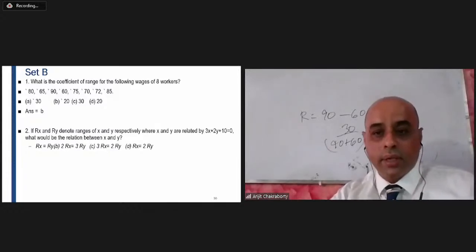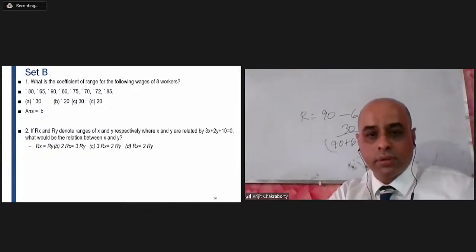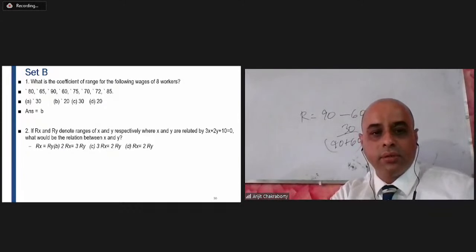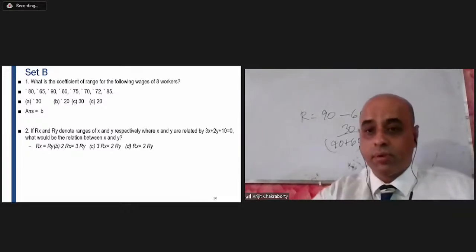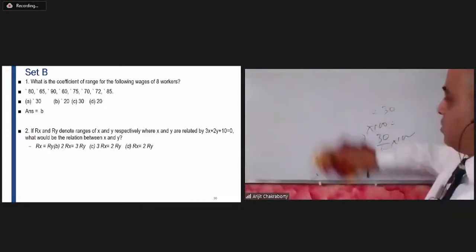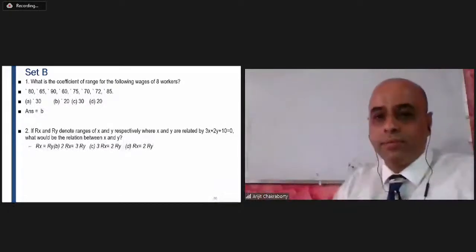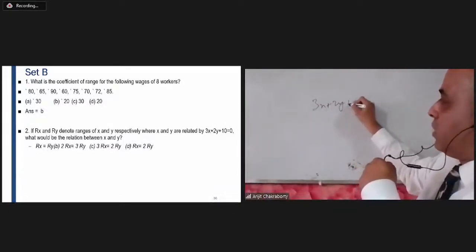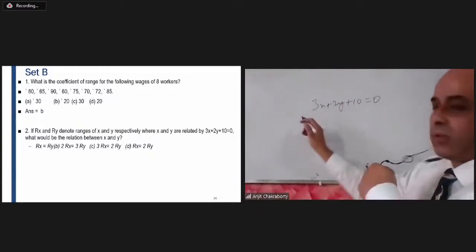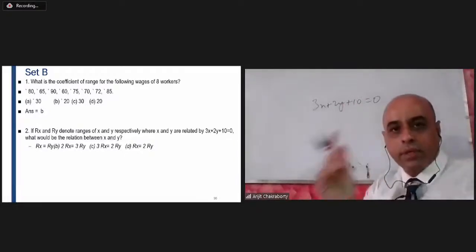Next one, again that same type of problem. This is important. If Rx and Ry denote the ranges of X and Y, and the formula is given, what will be the relation between X and Y? This is an important question. I'm solving it. It is given 3x plus 2y plus 10 equal to 0. So from here we take y on one side.